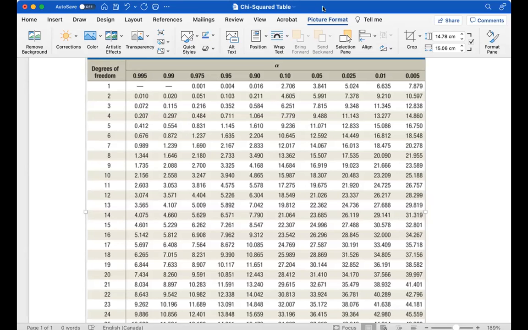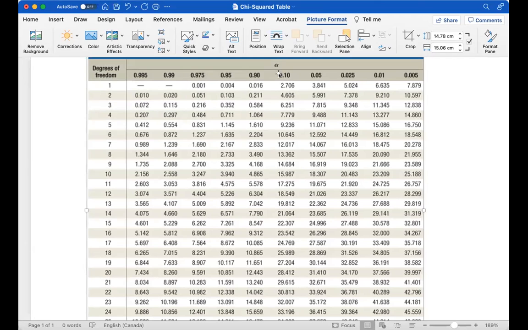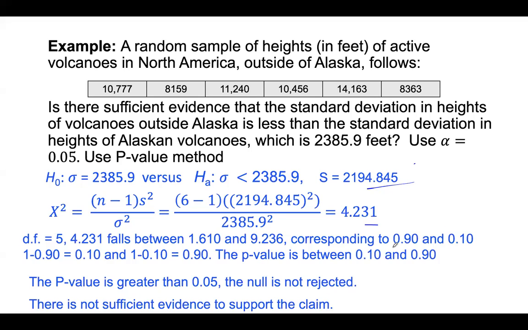So it's between 4.23, it's between these values, 0.1 and 0.9, because it's somewhere in between these two values. So the p-value is between 0.1 and 0.9.